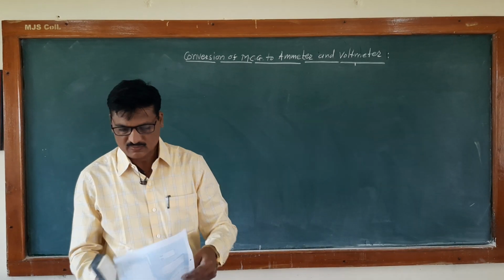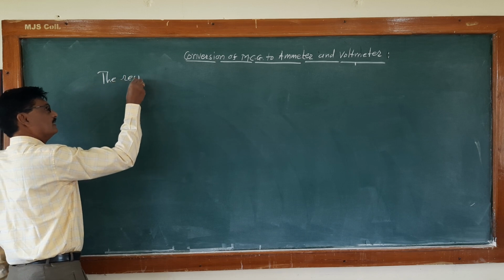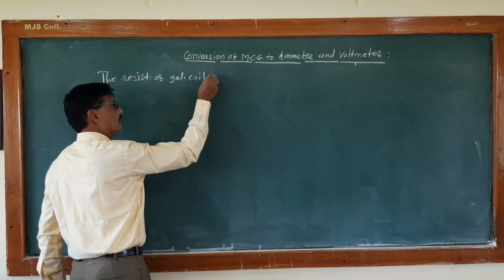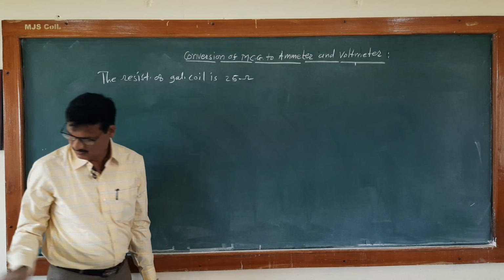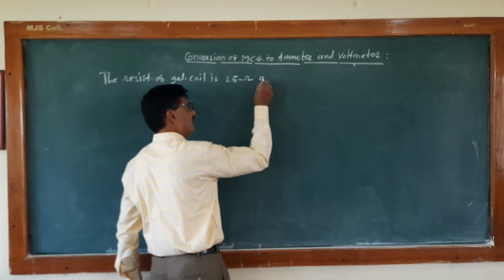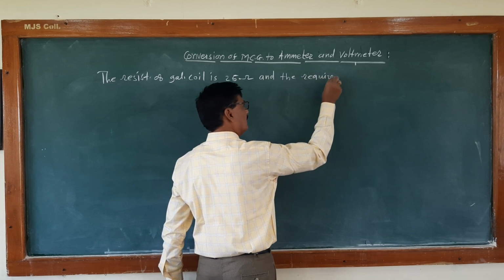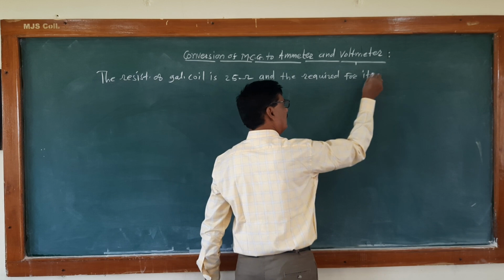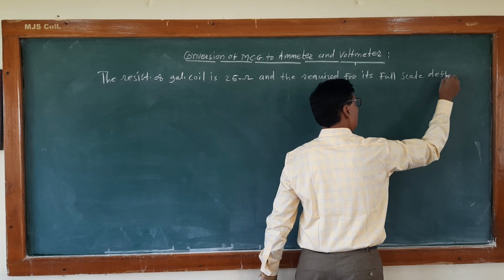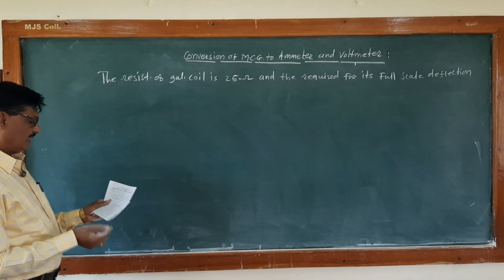The resistance of the galvanometer coil is 25 ohm, and the current required for its full scale deflection is 500 microampere.